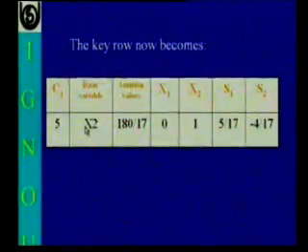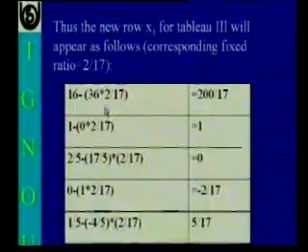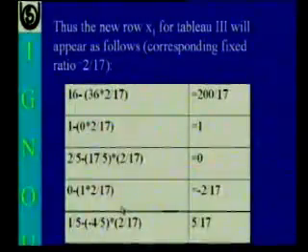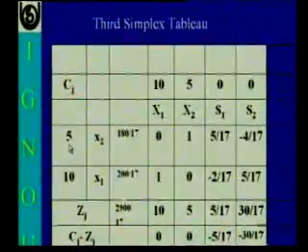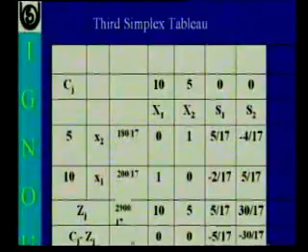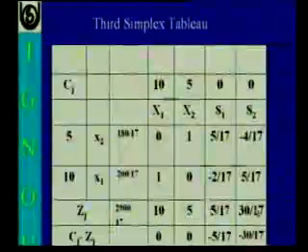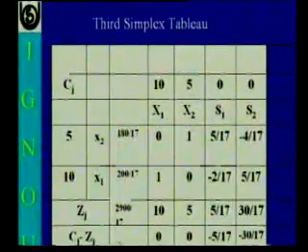The new key row, by dividing by the key element, we get this new key row. Similarly, we have transformed the row with the help of our formula, that is, now we get this row, that is 180 by 17.